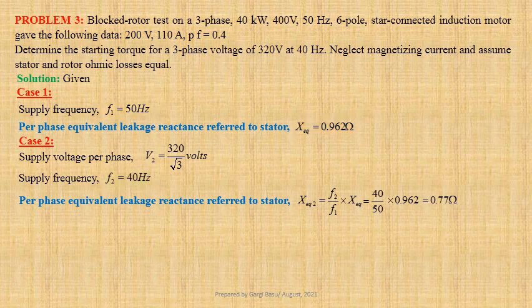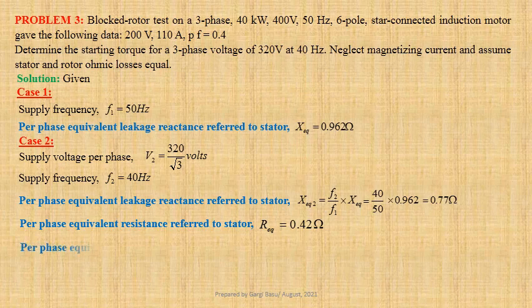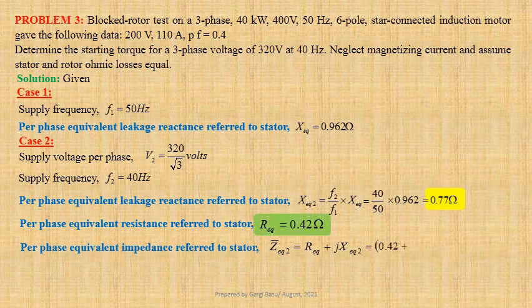We have obtained REQ equals 0.42 ohm. Per phase equivalent impedance referred to stator ZEQ2 equals REQ plus JXEQ2, that is equal to 0.42 plus J 0.77 ohm. This may be written in polar form as 0.877 ohm at an angle 61.3856 degree.